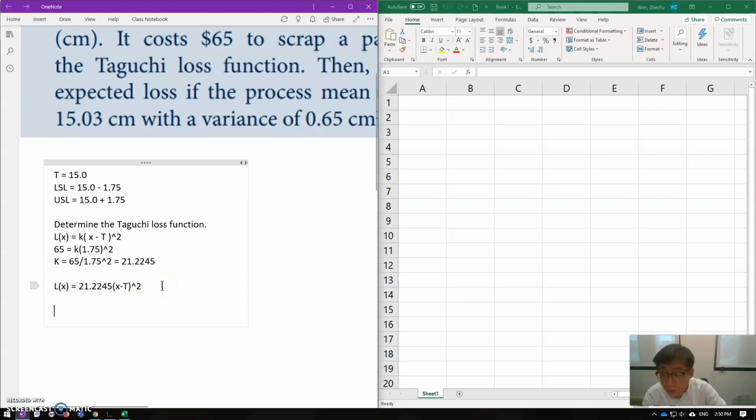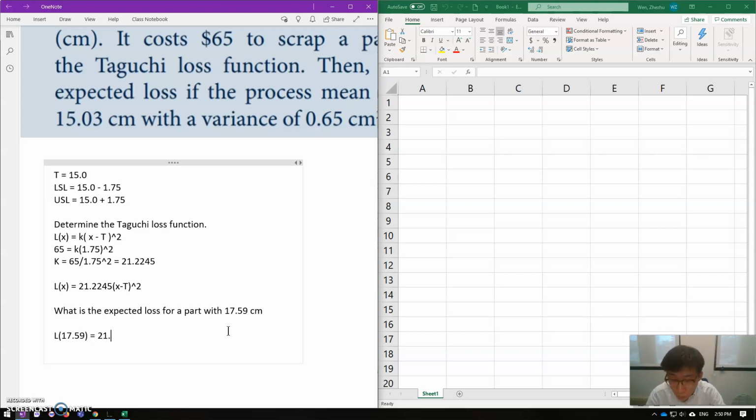And then if you'd like to evaluate any value of x, say what is the expected loss for a part with 17 centimeter. Okay, this is not part of the problem, I'm just making this up. So now you have a new quality dimension you'd like to evaluate, which is 17.59 centimeter.